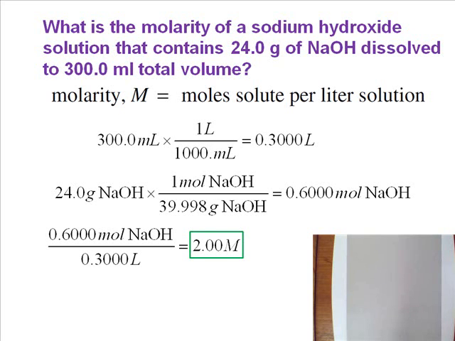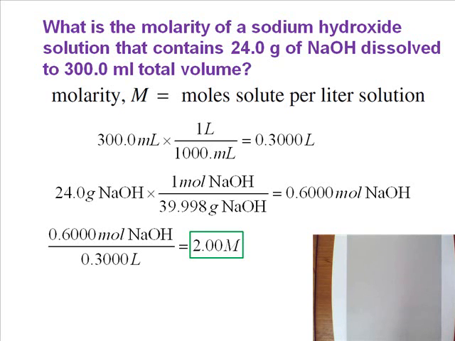What exactly does that mean? It means that we need to dissolve 24 grams of NaOH in 300 milliliters volume. The concentration of the NaOH of that solution is 2 molar. One rough reference point is 1 molar.